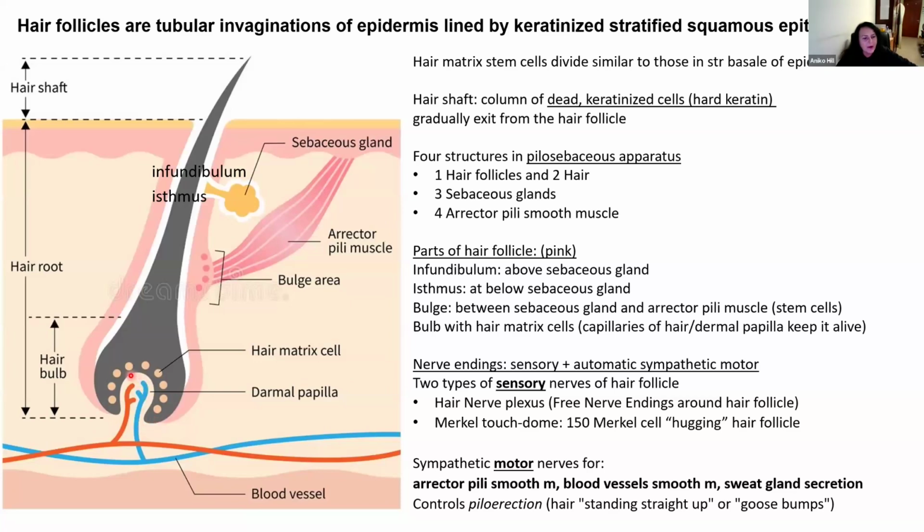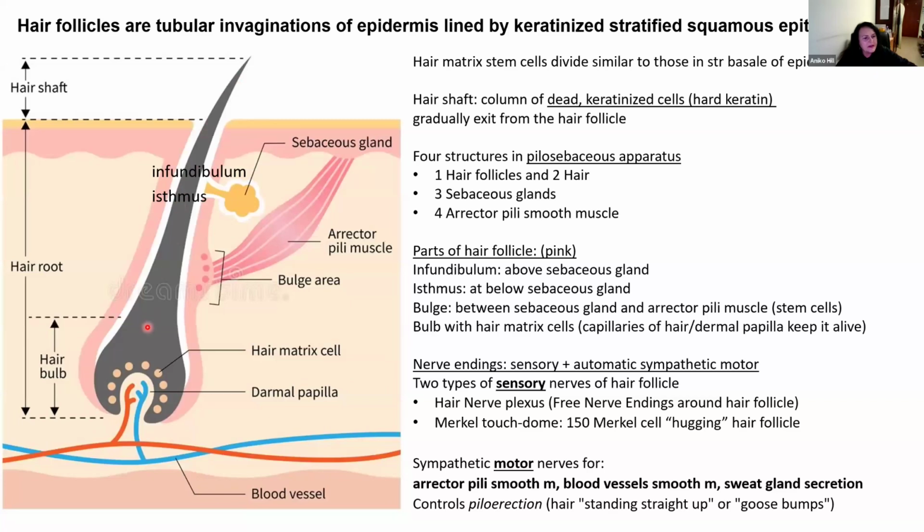So this is the dermal papilla here, where the capillaries are, and this keeps this whole structure alive, very similar to the epidermis. Then around this is technically the stratum basale, which at this point we're gonna call hair matrix cells. Now you can see that the dark guy is the actual hair, and the hair has a part which is called the shaft, sticking out.